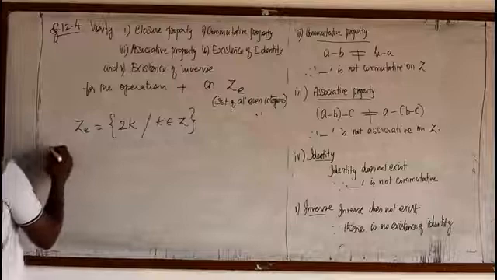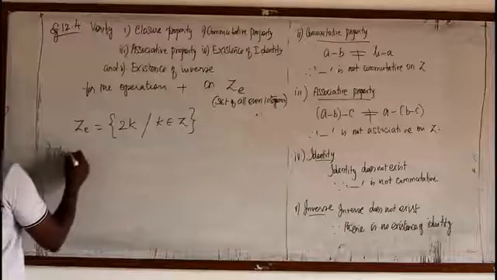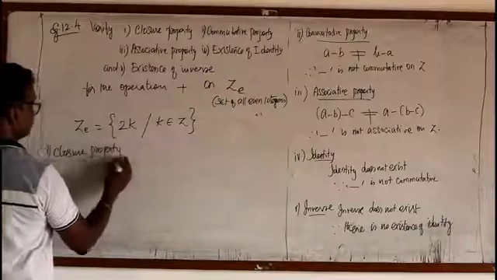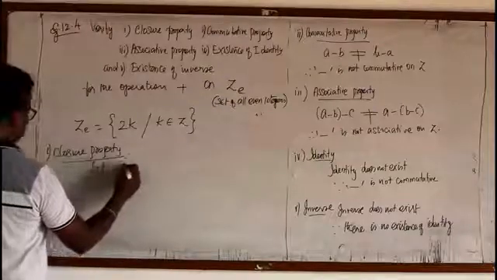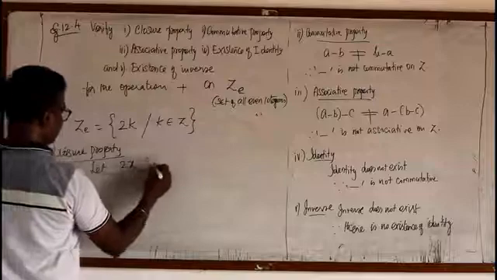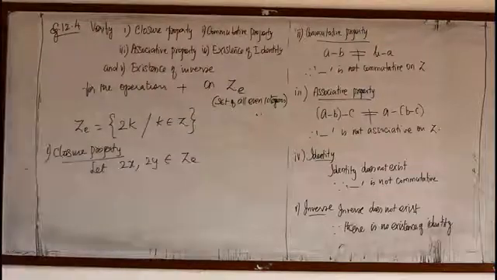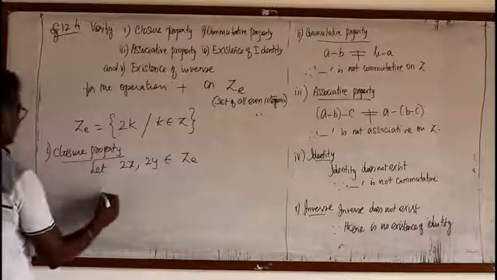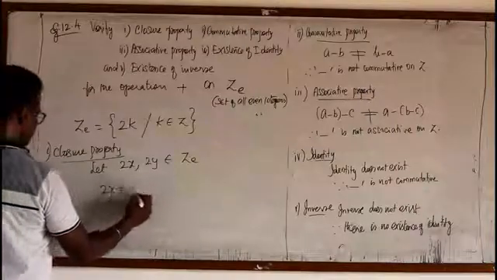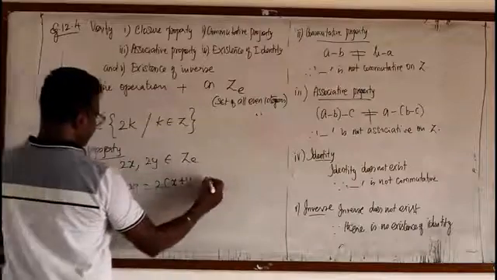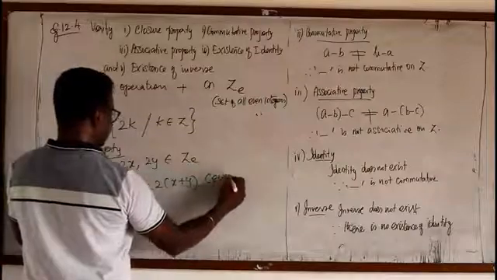Now we shall check for all the properties. Closure property. Let me take 2x, 2y belonging to ZE, then only we can say they are even numbers. Then 2x plus 2y is 2 into x plus y, which is even.